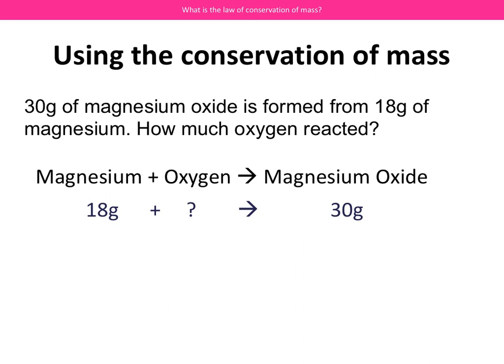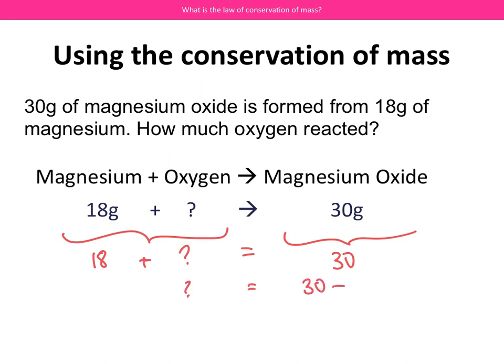Well, one of the things that we know is that the total mass of the reactants must equal the total mass of the products. So 18 plus whatever our question mark must equal 30. So our question mark must equal 30 minus 18, which equals 12. So the mass of our oxygen on the left-hand side is 12 grams.